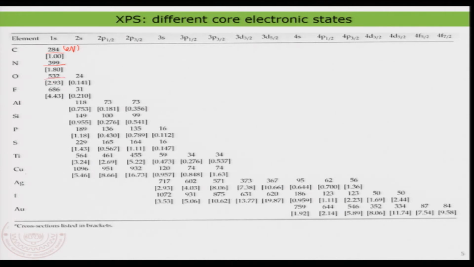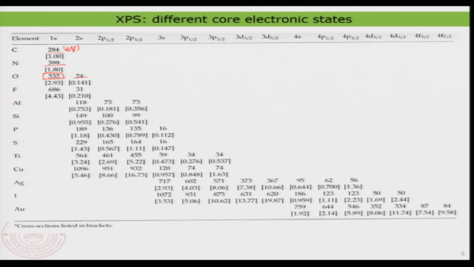For oxygen, it is 532, but oxygen can have the 1s core level and also the 2s core level, but that comes at a much lower energy. So, typically you do not look at that. What is more interesting is this one here, which is the 1s level of oxygen.